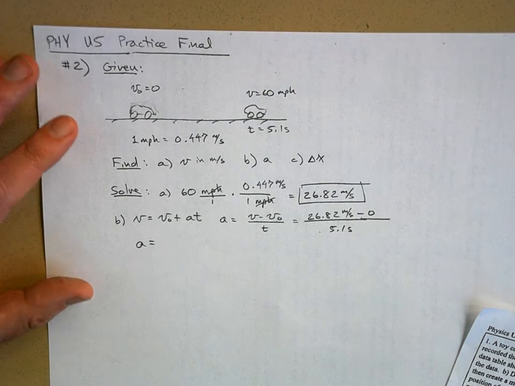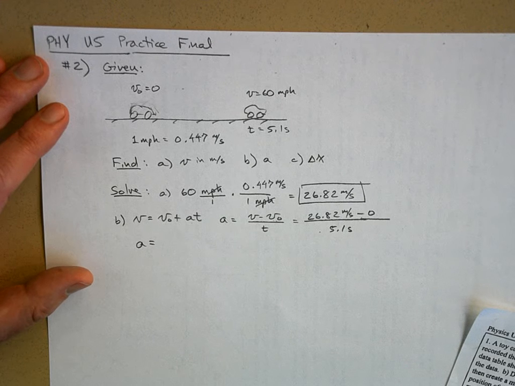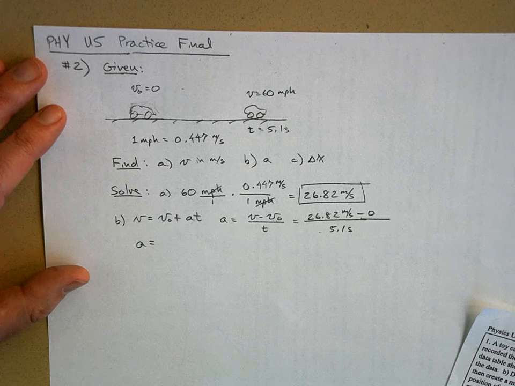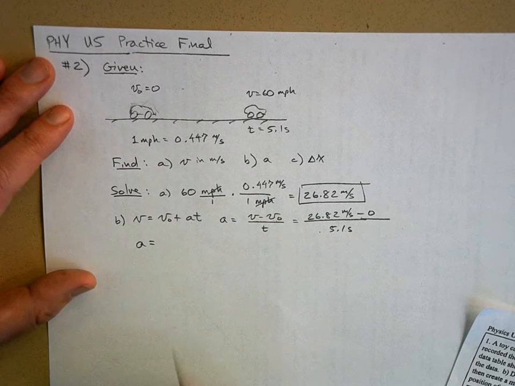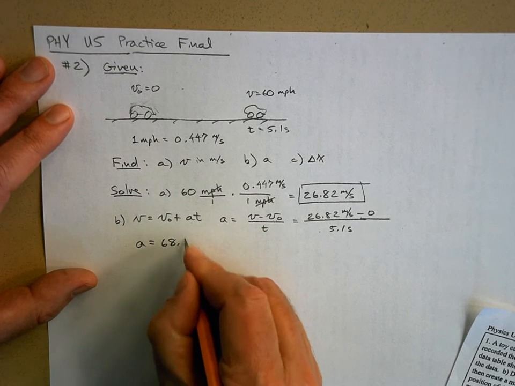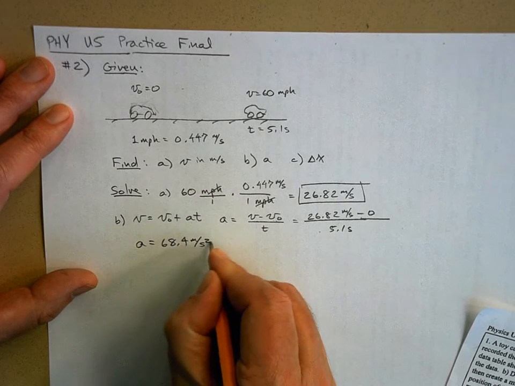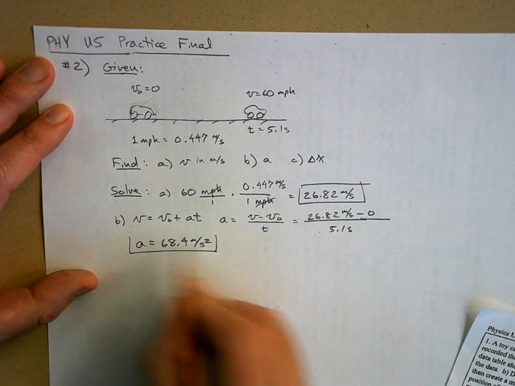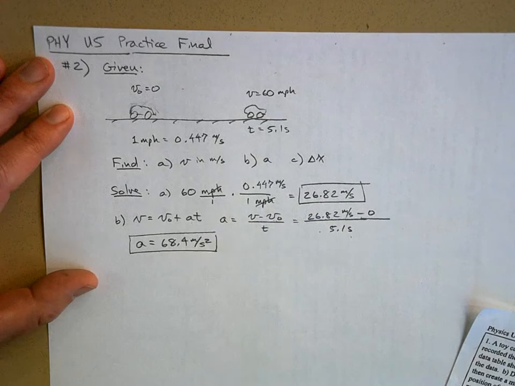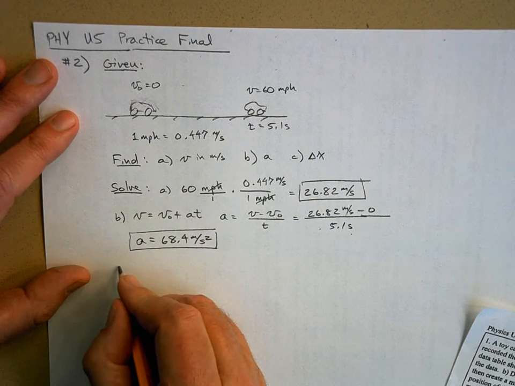When you do the arithmetic, you get 5.26 meters per second squared, or meters per second every second, which is just as good.